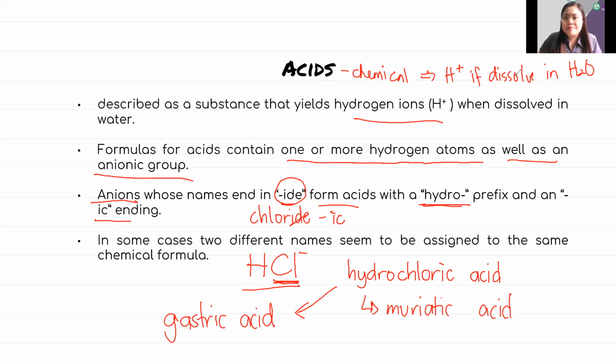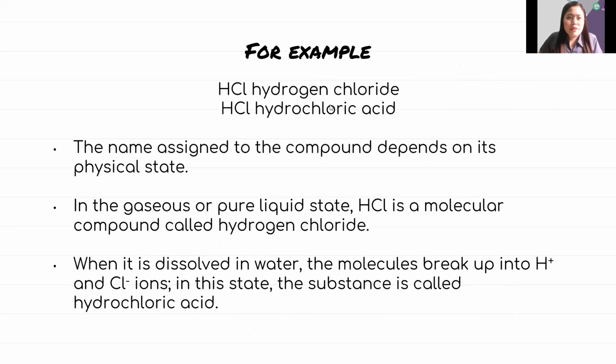So, acid gihapon siya. So, for example, class, actually HCl can be named as hydrogen chloride, but it can be also named as hydrochloric acid because the presence of the hydrogen there will make it an acid.